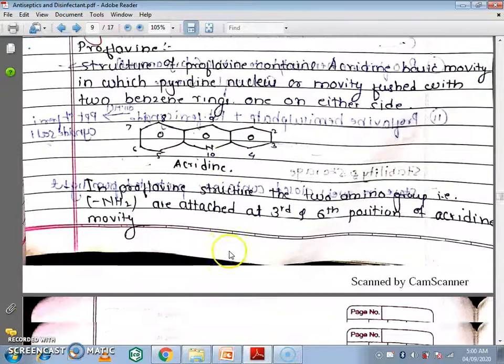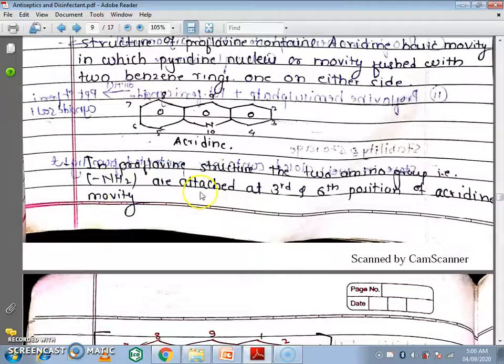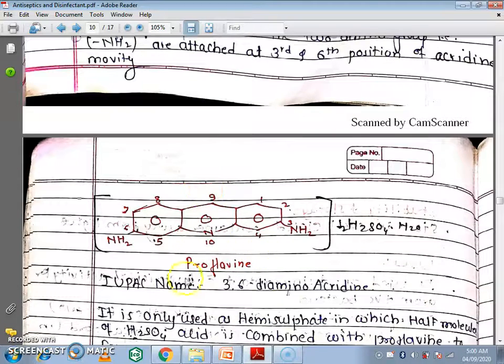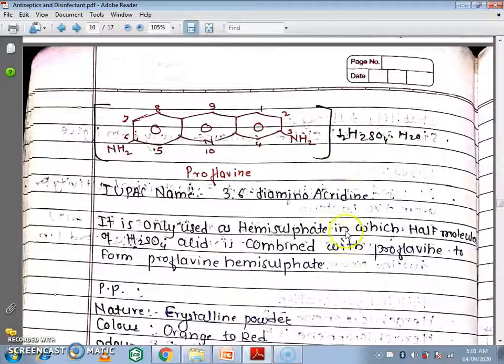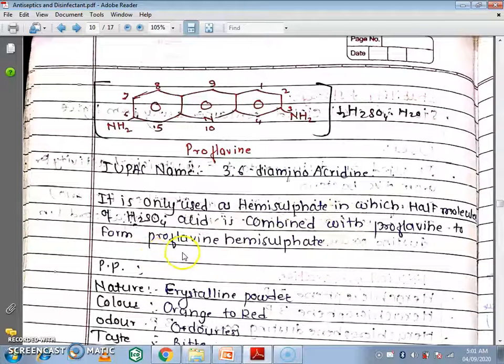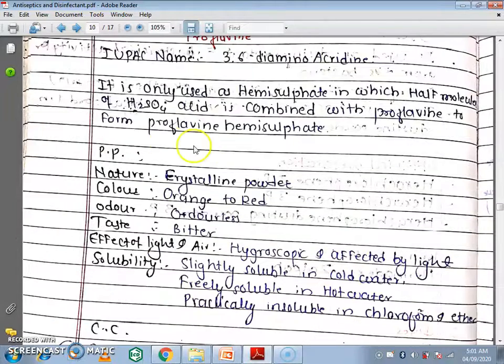In this acridine, two amine groups are attached at the third and sixth position. That is called proflavin. When half a molecule of H2SO4 and water are added, that is called proflavin hemisulfate. The IUPAC name is 3,6-diaminoacridine. These are some physical properties of proflavin.